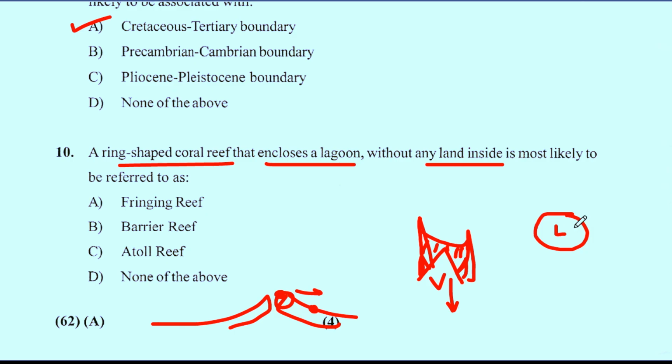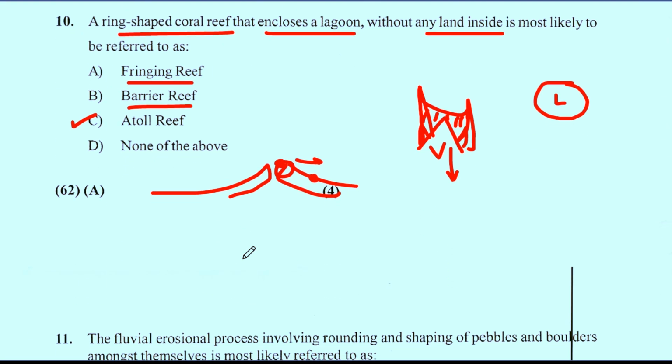It is a kind of ring shape. Other kinds are also there, like fringing, which is the initial stage, and barrier, which is the intermediate stage. It is also a basic question.